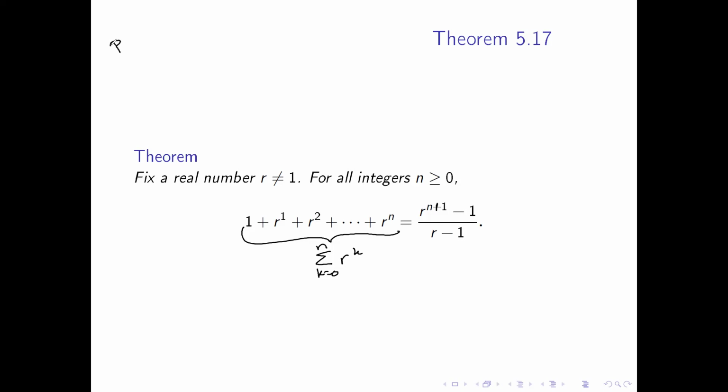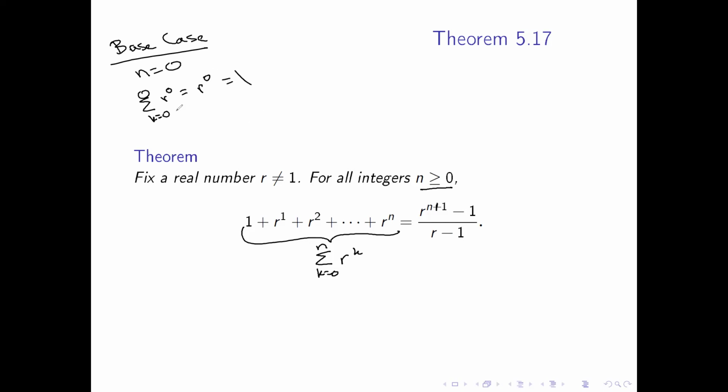So our base case is going to be the situation where n equals 0 because, as it says here, n is bigger than or equal to 0. So in that case, we have the summation from k equals 0 to 0 of r to the 0, which is r to the 0, which is just 1.